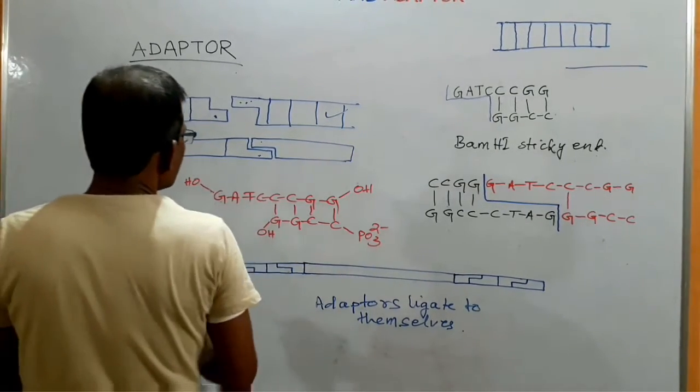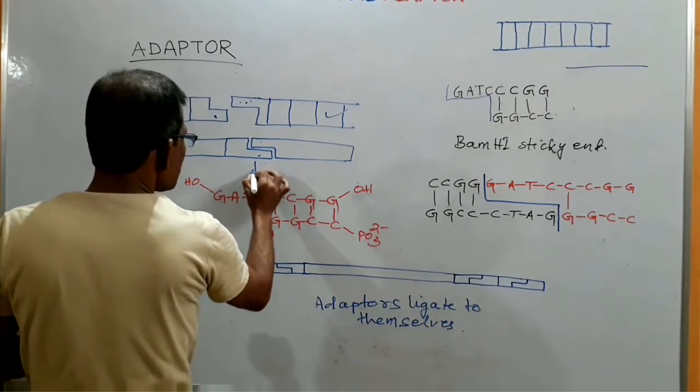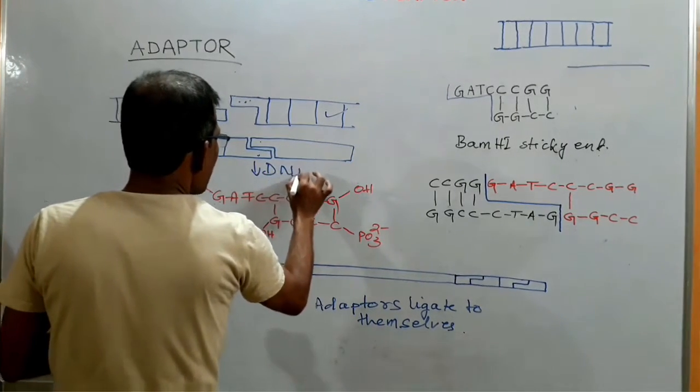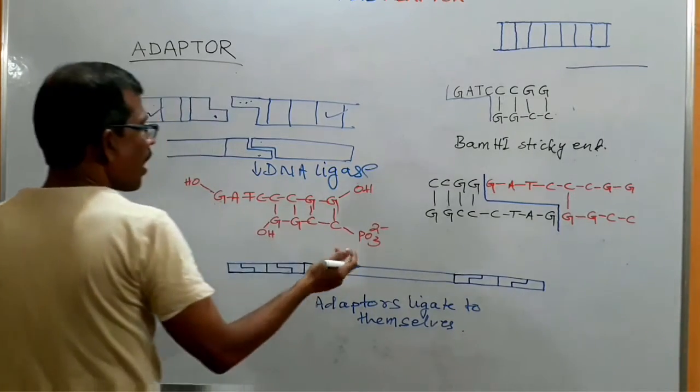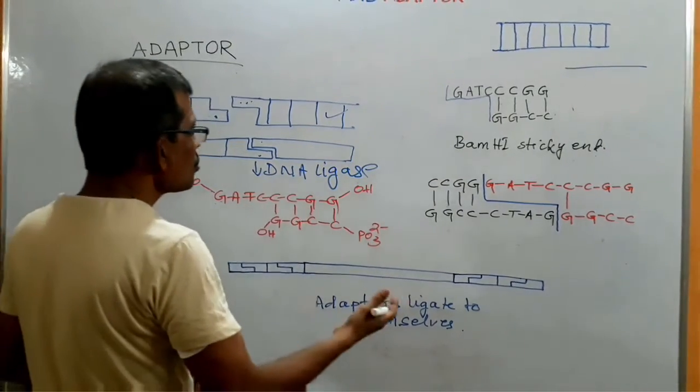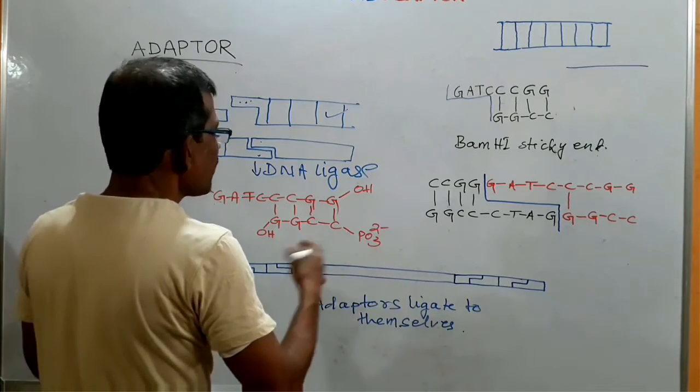After annealing, ligation can be accomplished by using the enzyme DNA ligase. So this is the process by which we can use adapters for ligation of DNA fragments.